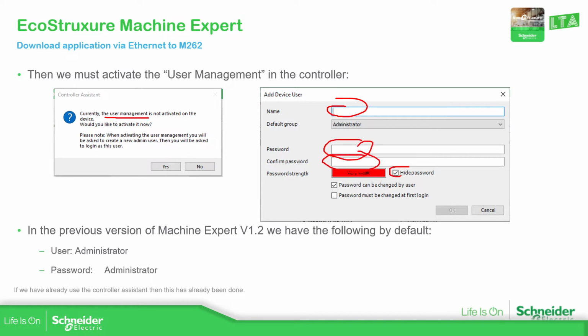And remember to double check if you write it right or not. This one is for version 2.x. If I'm not wrong, in version 1.2 you don't have this possibility to create a user and password. You just need to log in with this administrator with the first letter in capital.